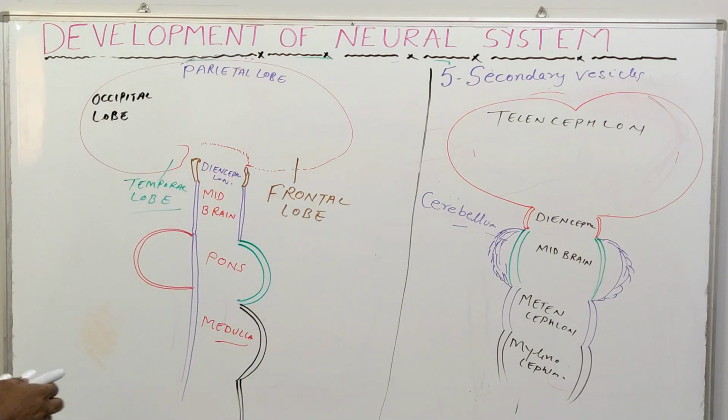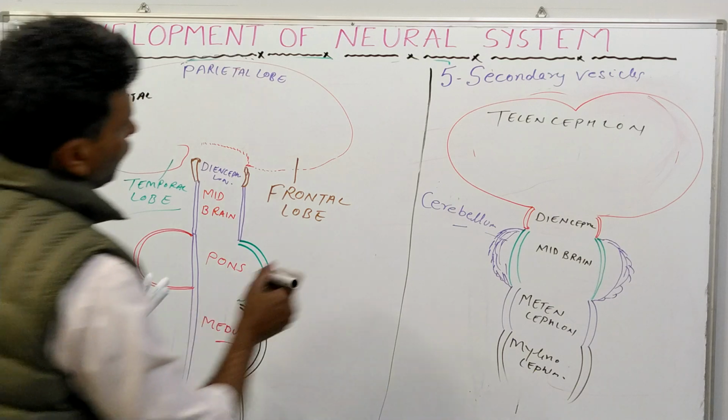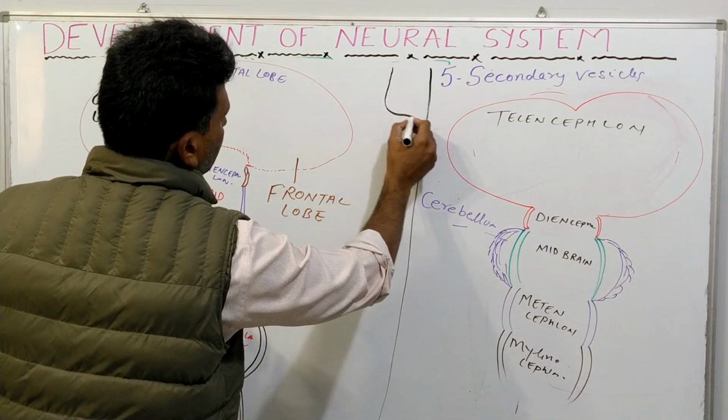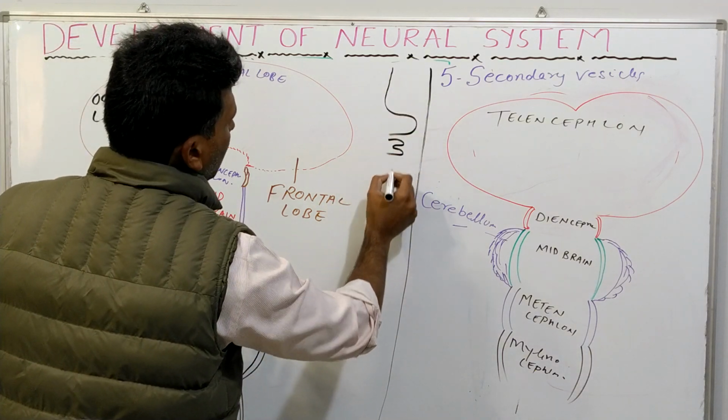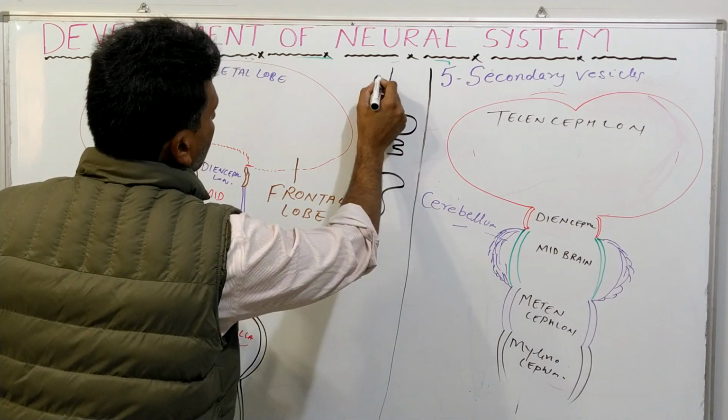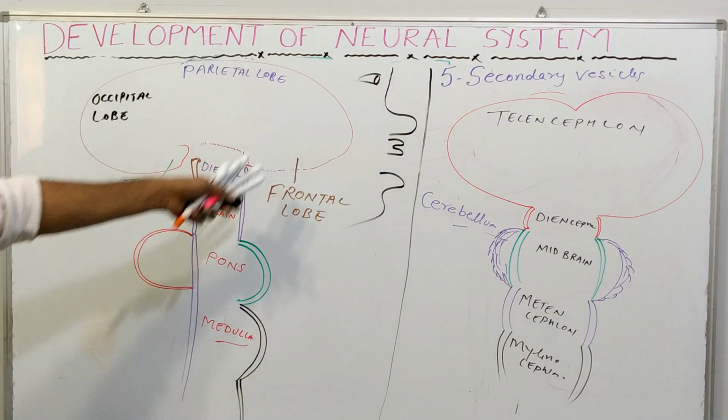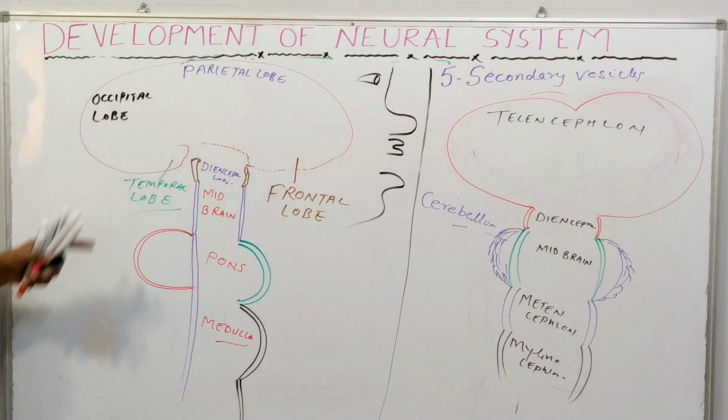So see how this brain will develop. And if you want to make it clearer, this is your mouth, and this is your frontal lobe, parietal lobe, occipital and temporal lobe.